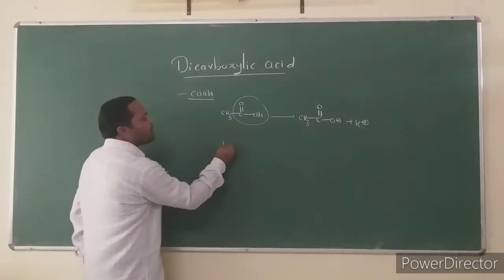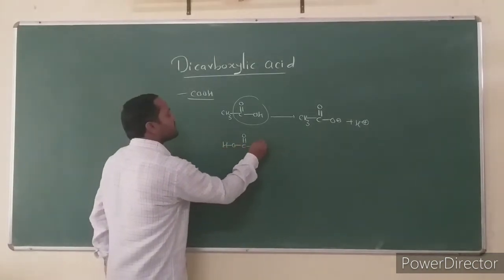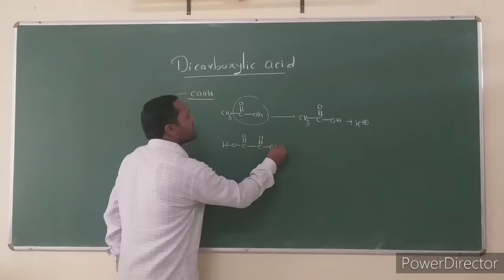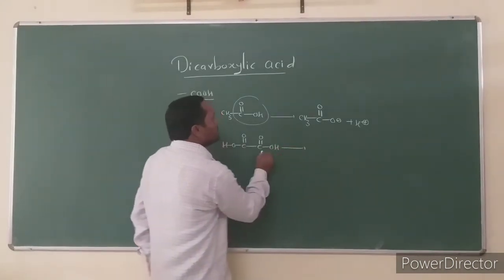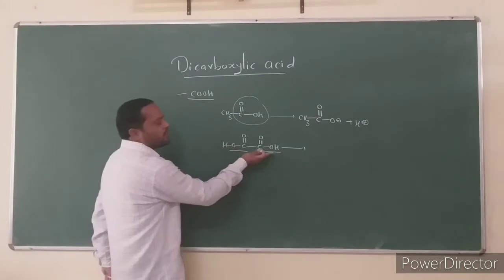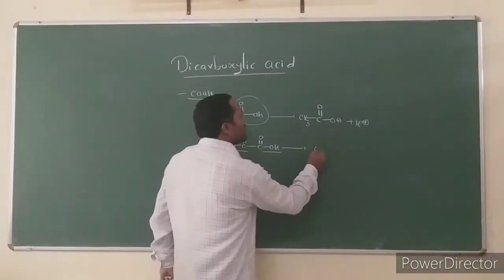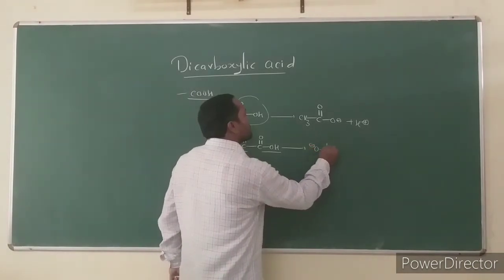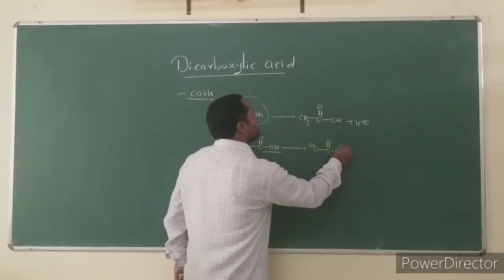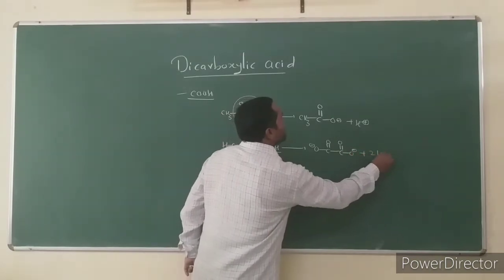Then what is the dicarboxylic acid? Consider the example, oxalic acid. This oxalic acid has two carboxylic functional groups. This is the first carboxylic functional group. This is the second carboxylic functional group. This oxalic acid on dissociation gives oxalate ion and 2H plus ions.